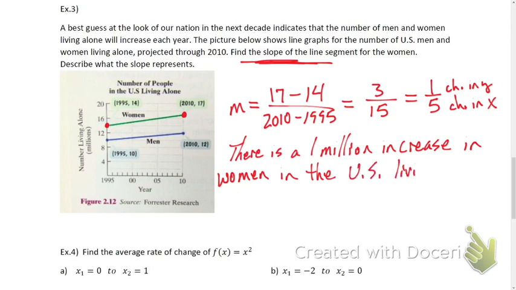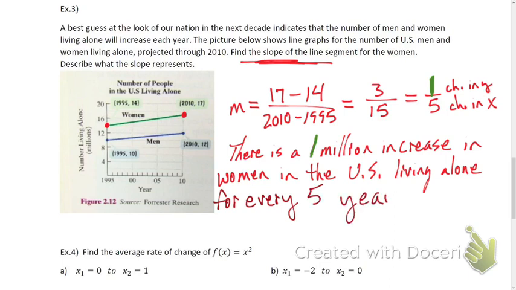So that 1 that I wrote down right there is that 1 right there in green. So those 2 green ones match. Now I need to say for every whatever the denominator is. For every 5 years. And that's the denominator.